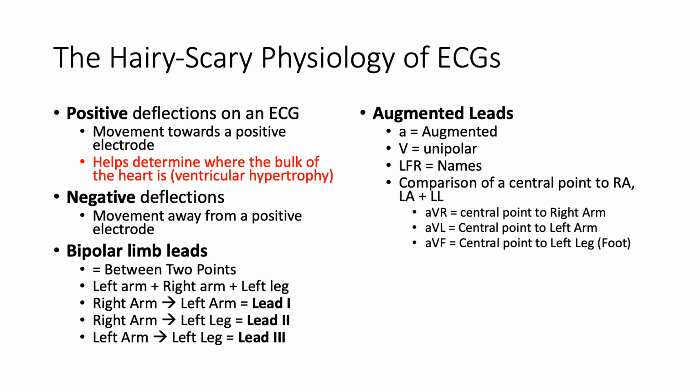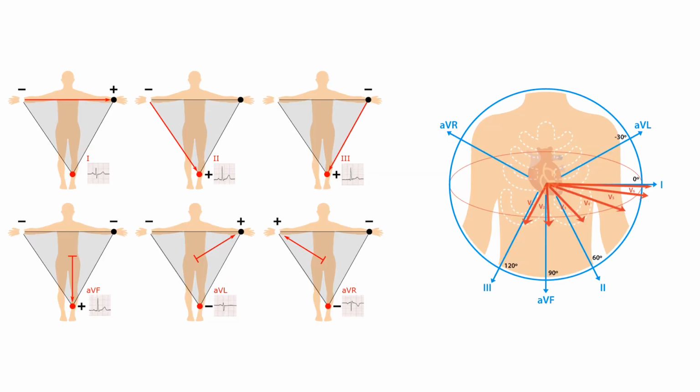And that's how we get extra information from fewer leads, and that's why when we use our 10 lead ECG we get 12 leads. So this is what I was talking about, where they're comparing one arm to the other, an arm to the leg, and another arm to the leg. And then these are all your augmented leads, so they compare it to the midpoint, and then we place on these red arrows here our V1 to 6, and that's how we get all of the views.